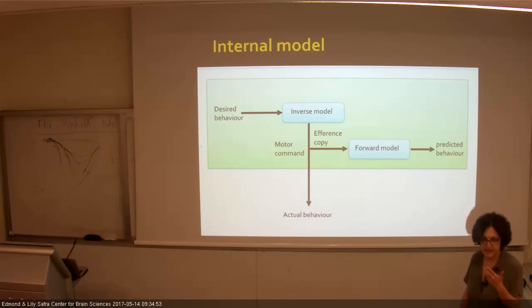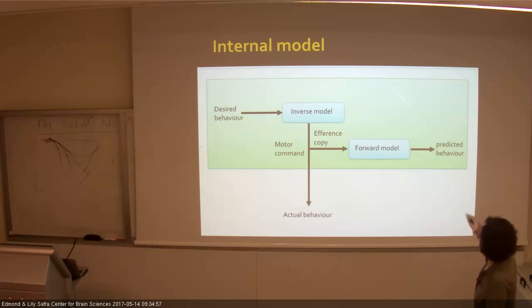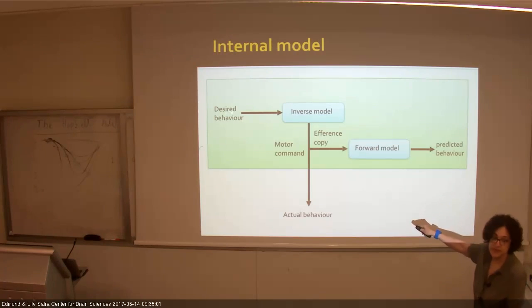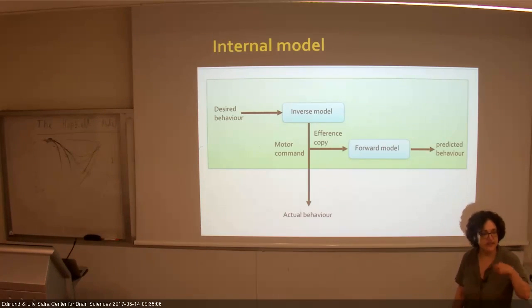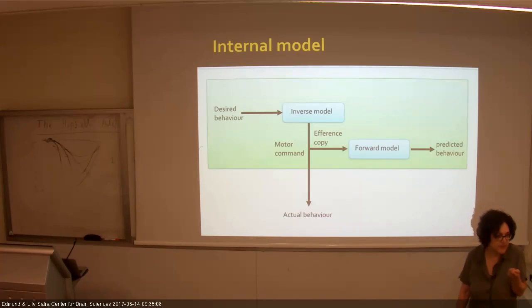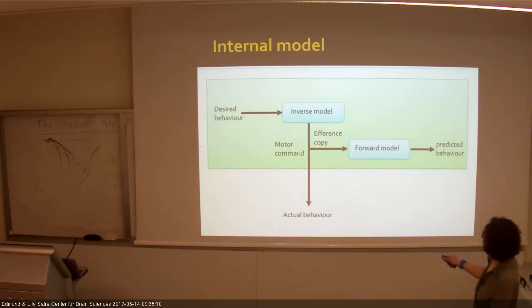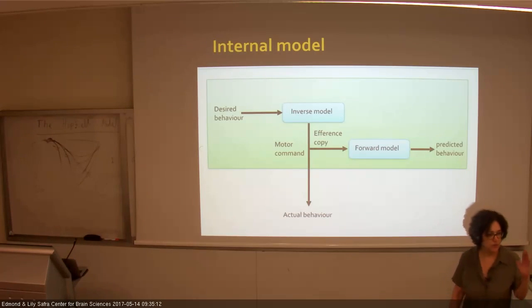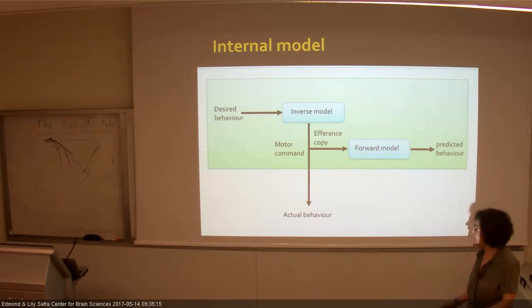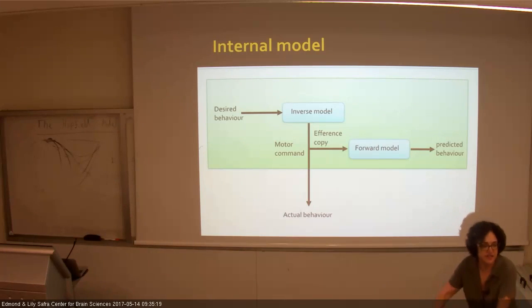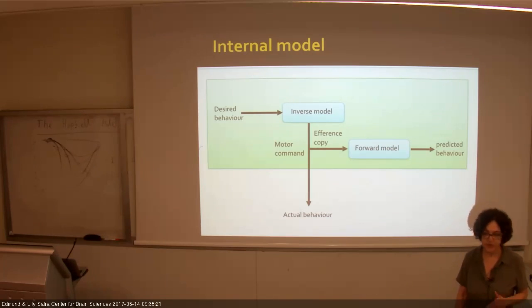In this manner, the predicted behavior can first of all be compared to the desired behavior, and we can generate an error signal very fast. If our motor command was imprecise, we can already fix it even before it reaches the actual behavior. There is an online correction that is faster.